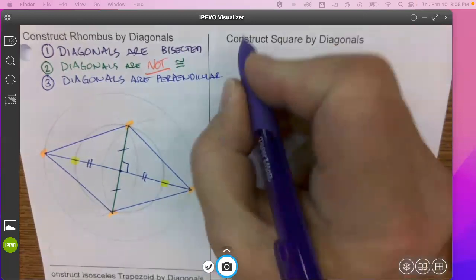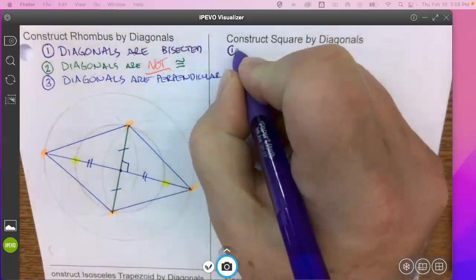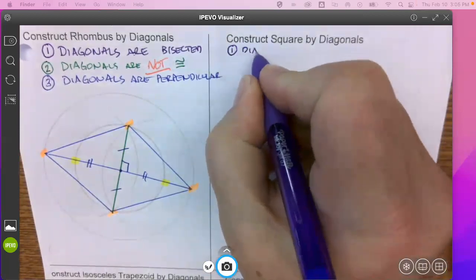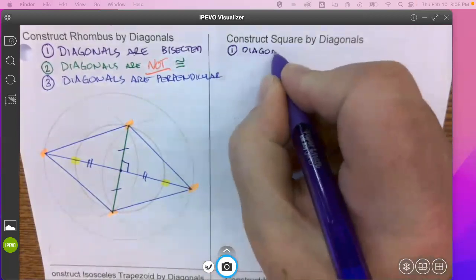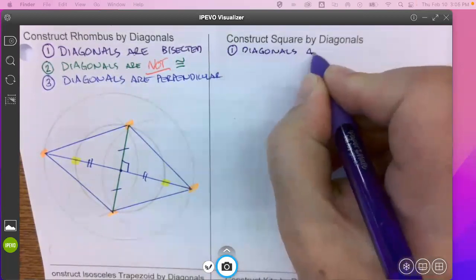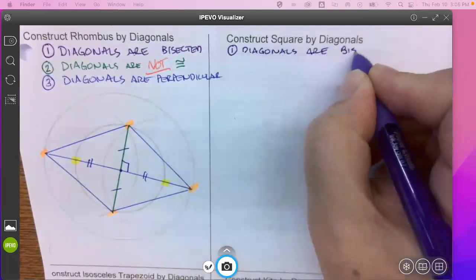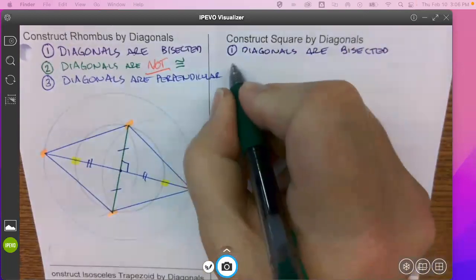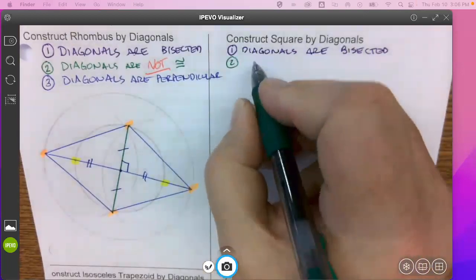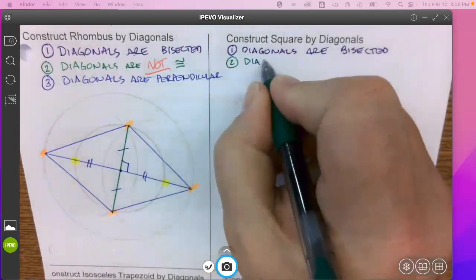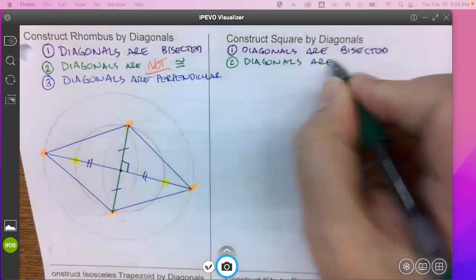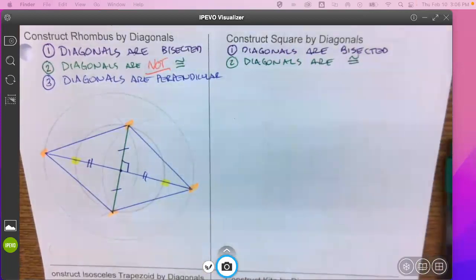Okay, what about the square? What's true about their diagonals? All the same? Diagonals are bisected. Are they congruent? Yes, that's what's different. Are they perpendicular?